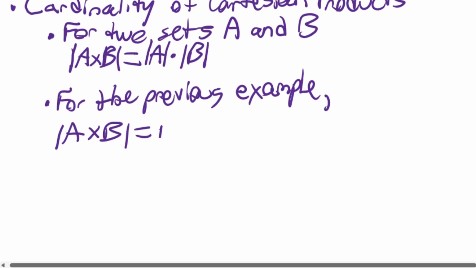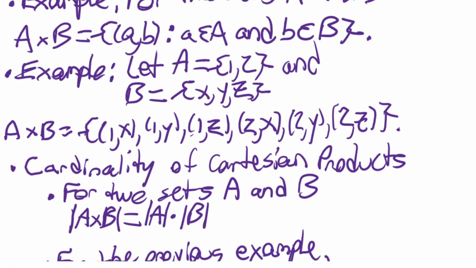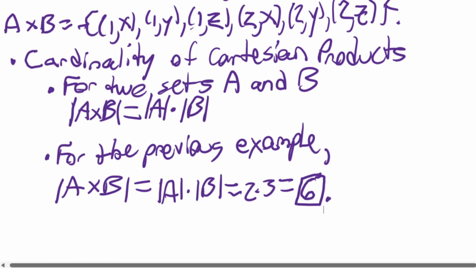So it's equal to 2 times 3. So the cardinality of the Cartesian product of A and B would be 6. And if we scroll back up to the Cartesian product that we found earlier, we can count 1, 2, 3, 4, 5, 6 elements.